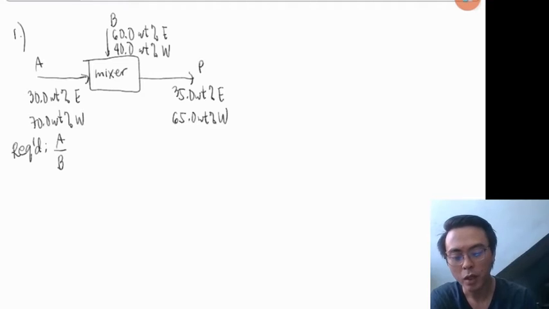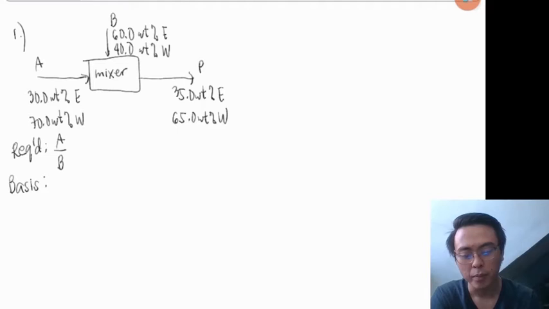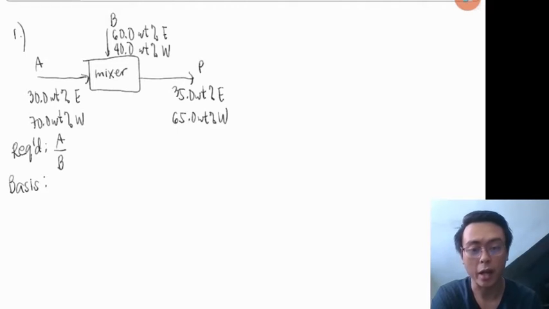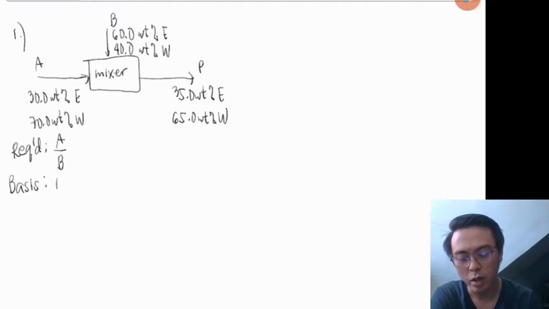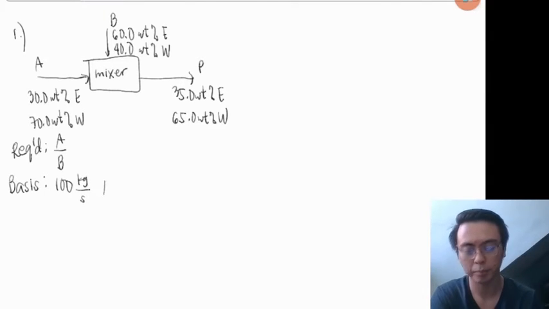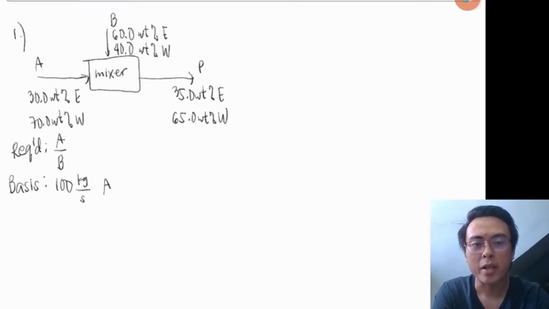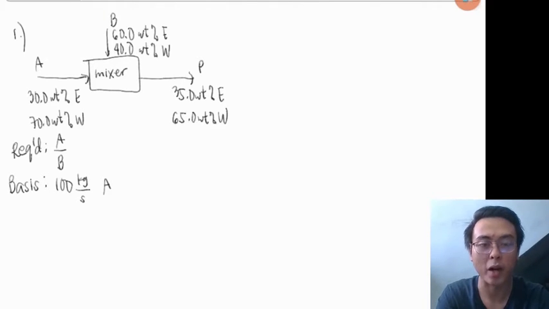For this problem, let's use A. I will be using 100 kilograms per second of A. When we set that basis, we are giving away the value of A. But we still have to determine the values of B and P, which will be solved from the value of A and from the compositions given.